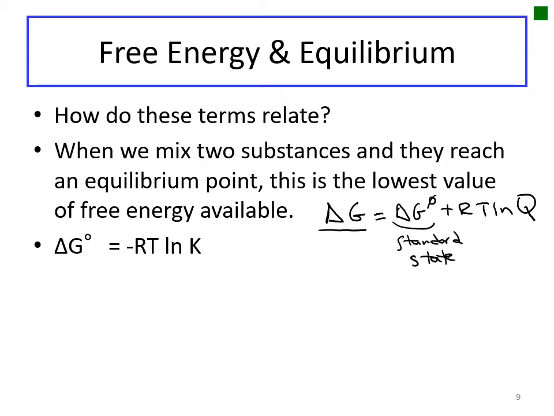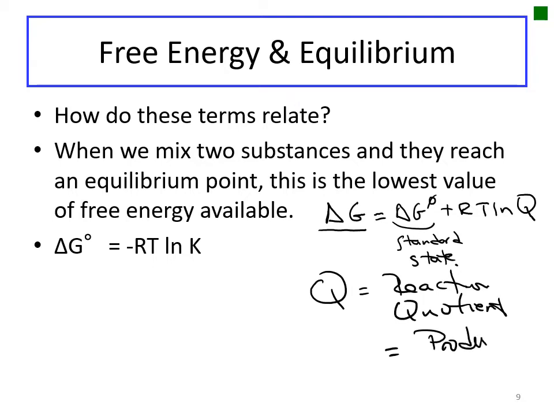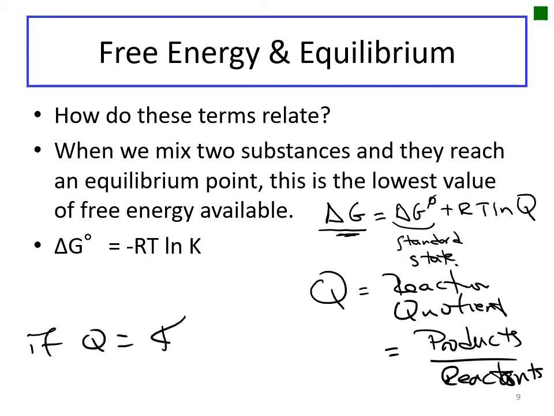Q is the reaction quotient, which is going to equal the products raised to their stoichiometric coefficients over their reactants. And what we can do is find out how much work we can get for a system off of standard state. Now, remember here that if Q equals K, we are at equilibrium.